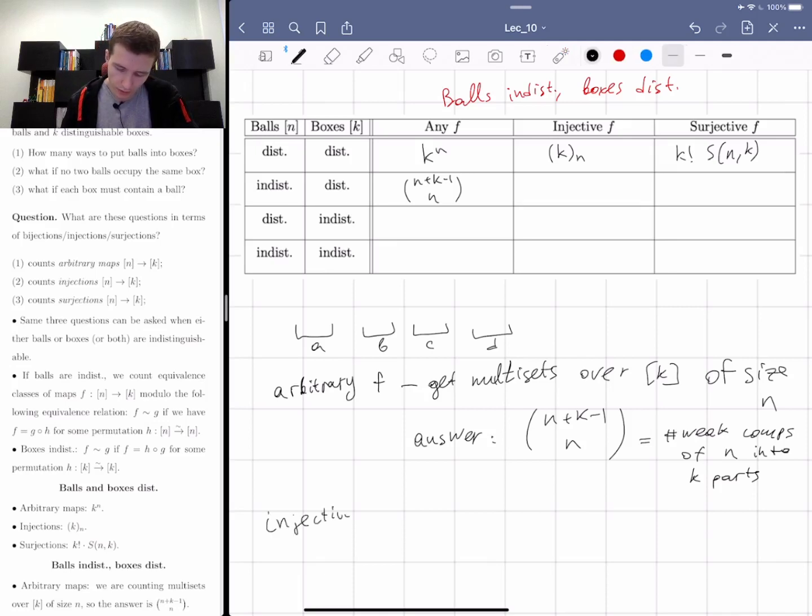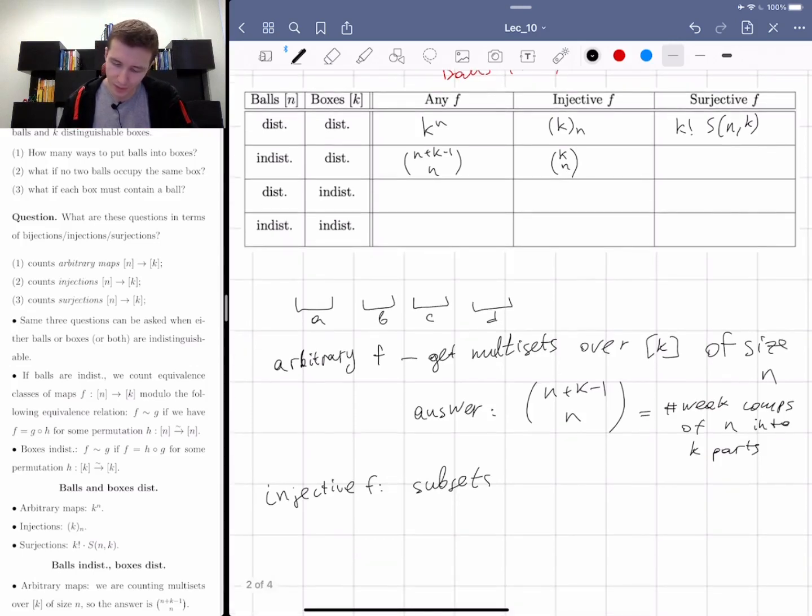Injective f means you take n element subsets of a k element set. So it's a little weird. You get k choose n as your answer. That is probably the easiest entry in the table.